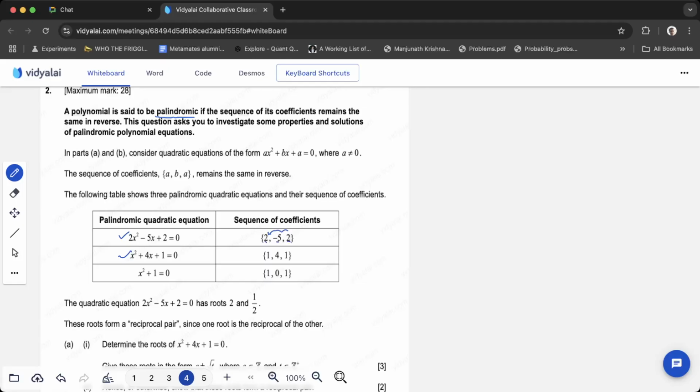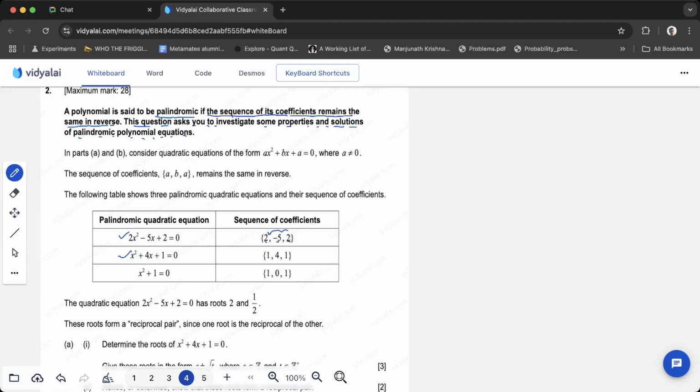x squared plus 1 has the coefficient of x as 0, so we can write it as 1, 0, 1, 0 being the coefficient of x. So this polynomial is also palindromic, and hence this is the definition: the sequence of its coefficients remains the same in reverse. This question asks you to investigate some properties and solutions of palindromic polynomial equations.